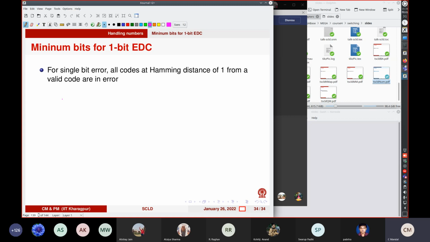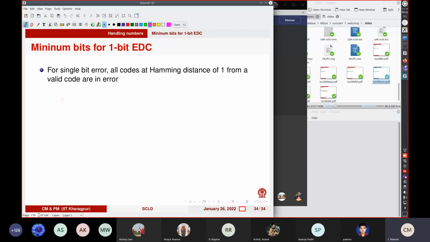So what about error detection? Intuitively you could say that you will require fewer bits for error detection, because there you just need to be able to determine that a certain code is not a valid code.